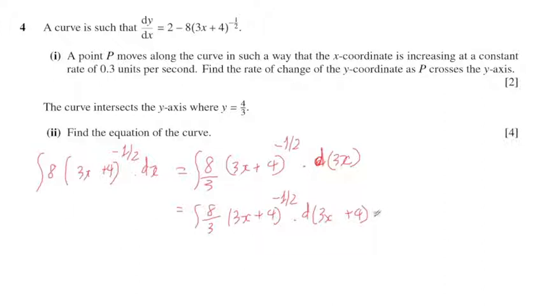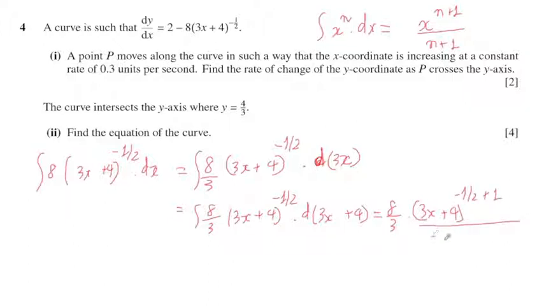And then I will have the integral of x to the power of n times dx, which gives x to the power of n plus 1 divided by n plus 1. That's why I take the 1 divided by 3 outside. (3x plus 4) will have minus half plus 1 and divide by itself, so I will have (3x plus 4) to the power of 1.5, and here you have the 1.5.